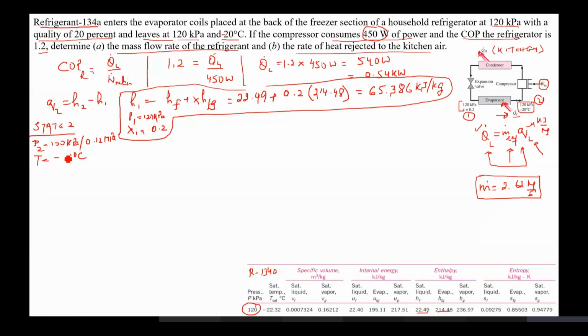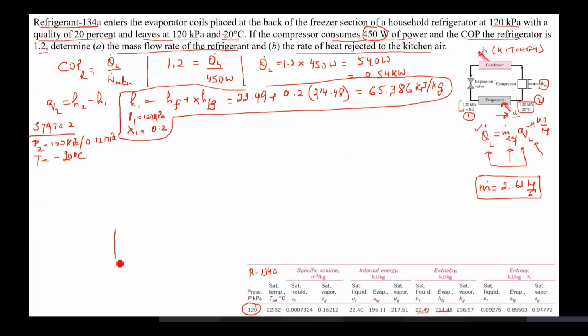So for 120 kilopascal, minus 20 degrees centigrade, what is the region? Saturated mixed region. Yes, sir.